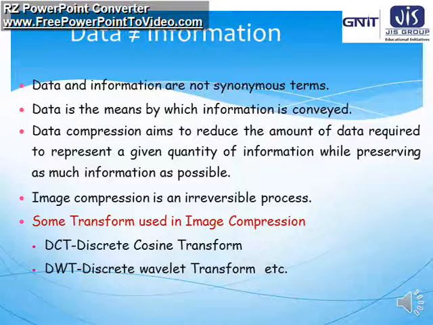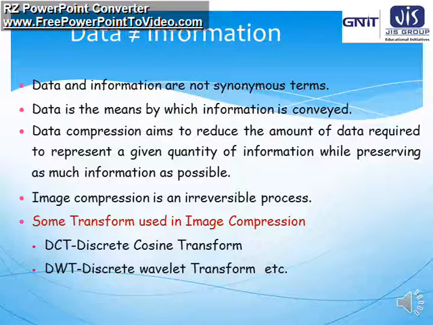Image compression is an irreversible process. That means it is not reversible. If you compress the original image and don't keep it, then after compression, if you use the uncompressed image, 100% of the original information cannot be retrieved, because compression means some loss will be there.